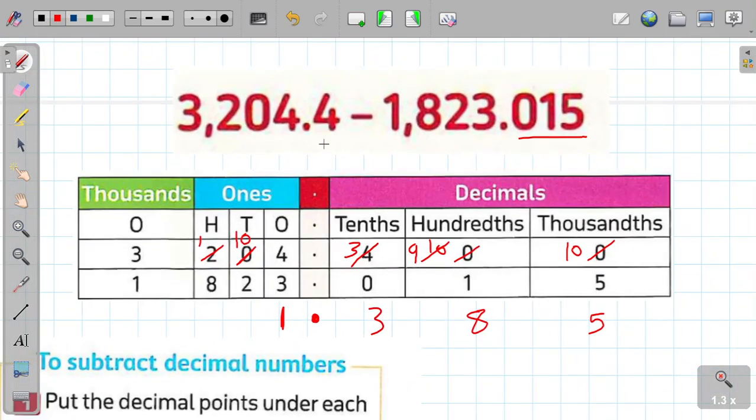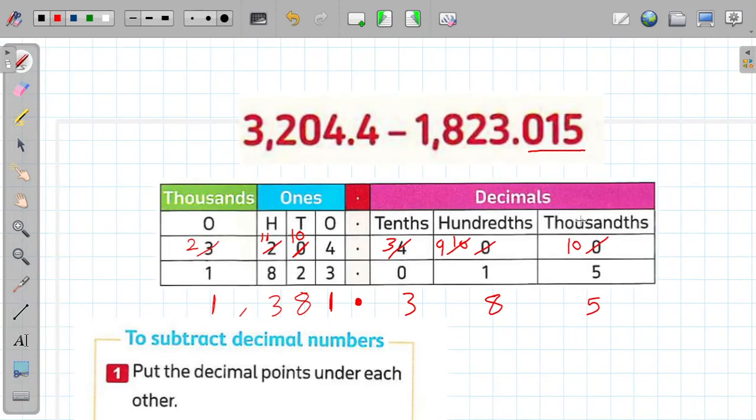So it will be 10 minus 2 equals 8, and 1 minus 8 it can't be, so I will borrow from 3, it will become 2, and 1 becomes 11. So 11 minus 8 equals 3, and 2 minus 1 equals 1. So the result will be here 1381.385, or 385 thousandths. So the result will be like this, okay?